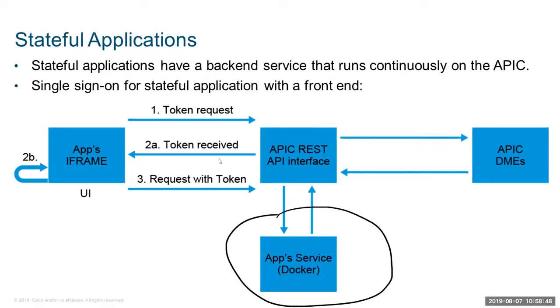The only difference is, of course, the token request. If it wasn't a backend, it stores that request in the Docker. Okay. And of course, you would see the response being sent back. So there'd be kind of like a key given for accessing this application's container when the token is just sent back.